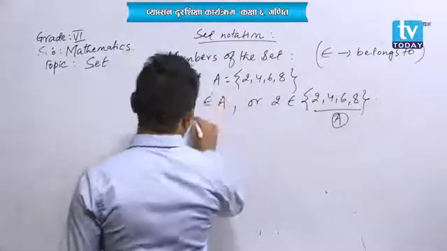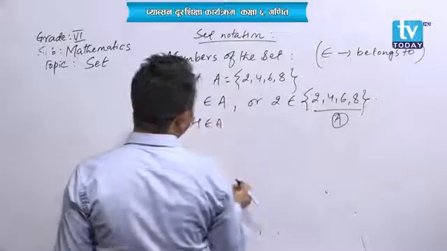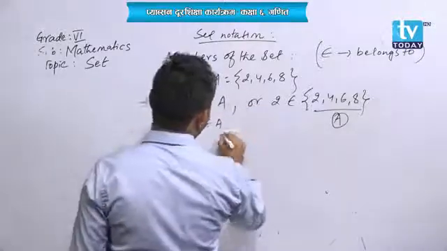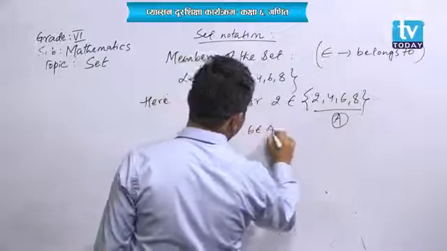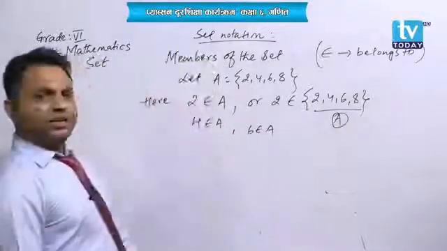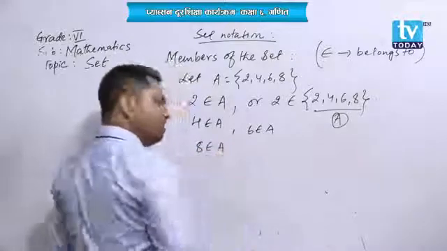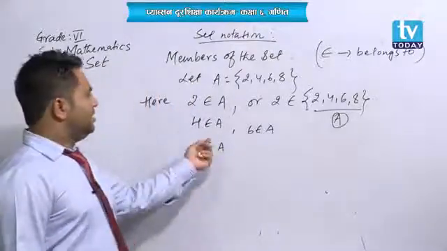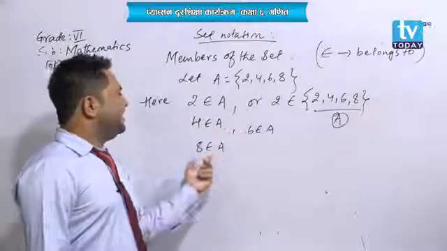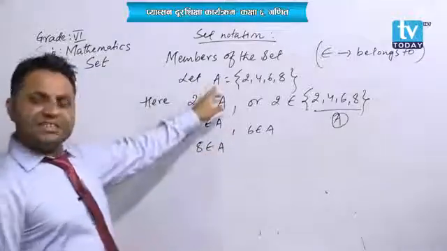Here you can write 4 belongs to set A, 6 also belongs to set A, and 8 also belongs to set A, because 2, 4, 6, 8 are the elements of set A.